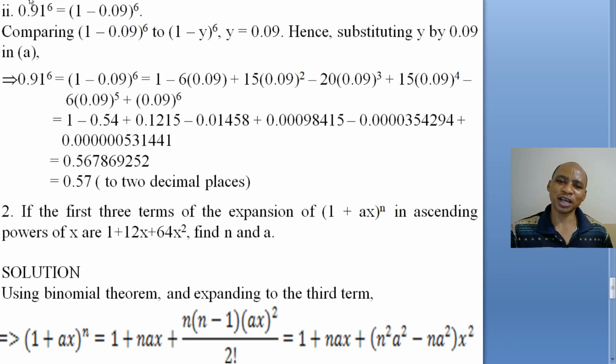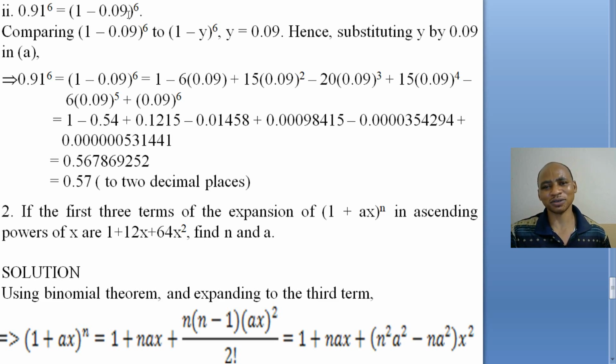Then we are to use the same thing to evaluate 0.91 raised to the power 6. By so doing, we need to express 0.91 raised to the power 6 in the form (1 minus y) raised to the power 6.